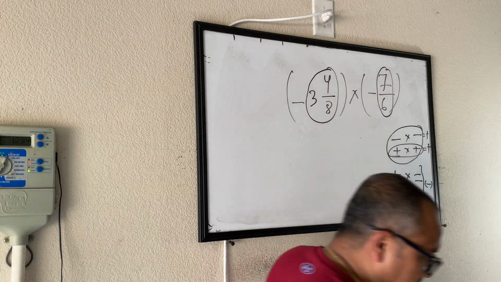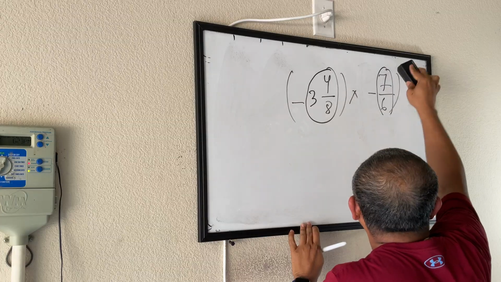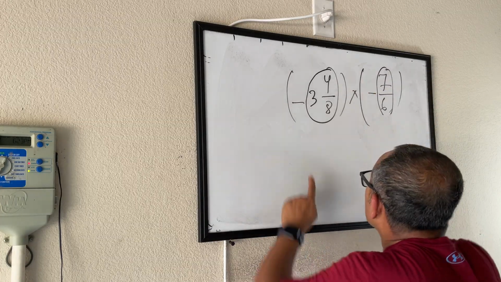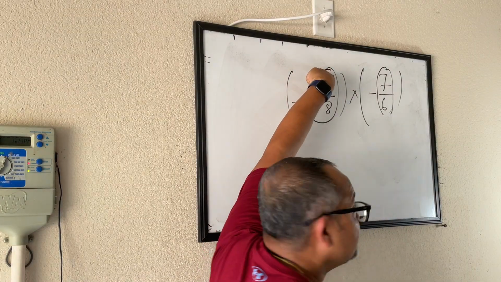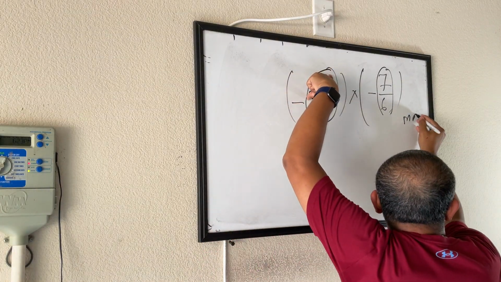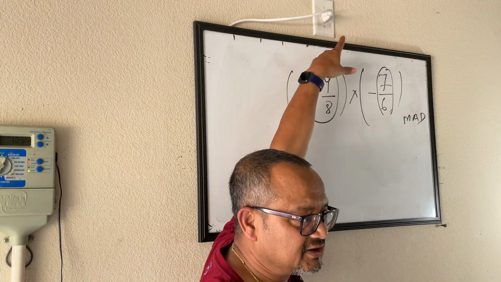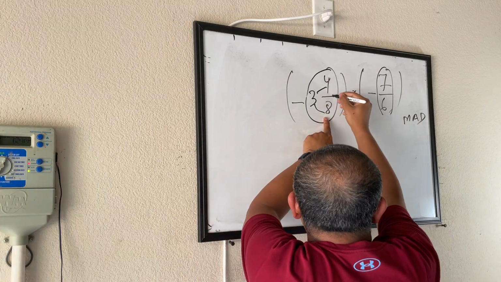So now let me get into the storytelling mode like I always do. What I will do is simplify this first. This is 3 4/8. You convert this to a fraction. So multiply, add, divide.